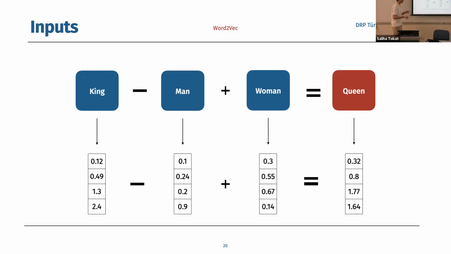So from here, we understand that if we enrich our word representation with some features, we can get intermediate results. So we can generate text with more possibilities.